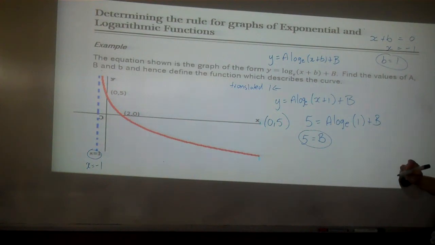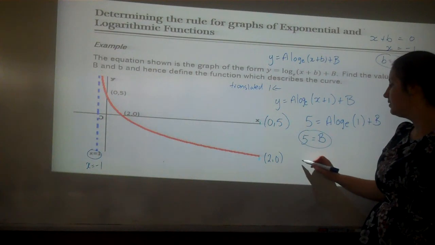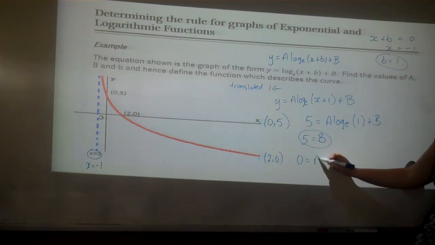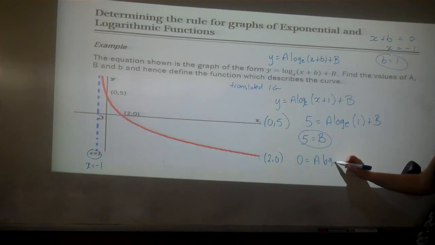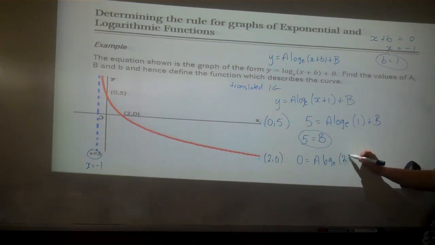Now we can find our last part by substituting in our other point, 2, 0. So when y is equal to 0, instead of a, that's what we don't know, log e of x plus 1 is our new equation, but our x value is 2, so we will have 2 plus 1, and plus b, well, our b value we figured out before was 5.